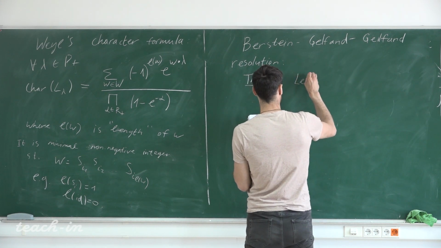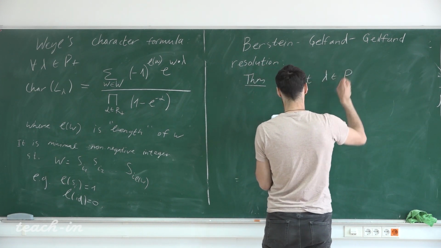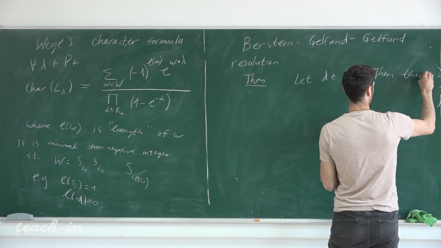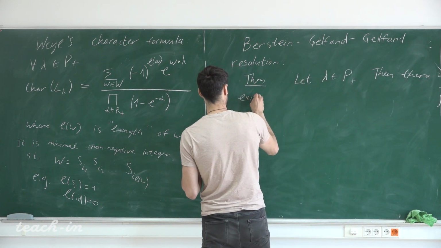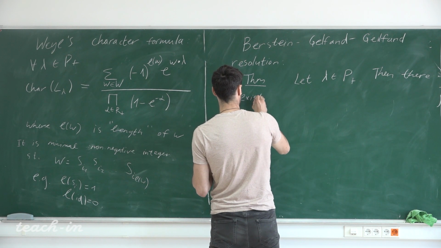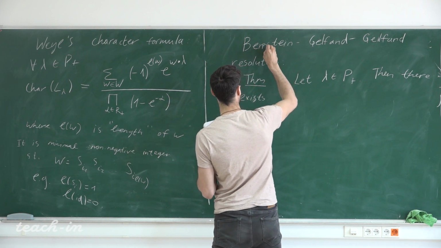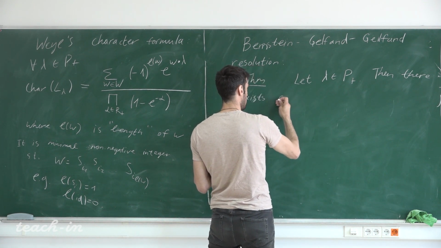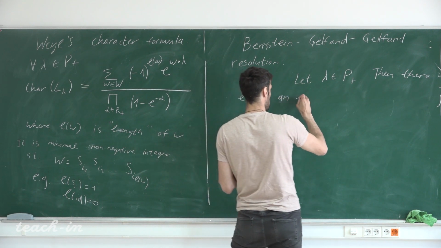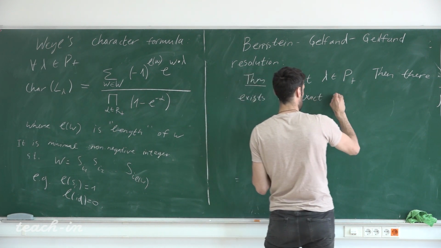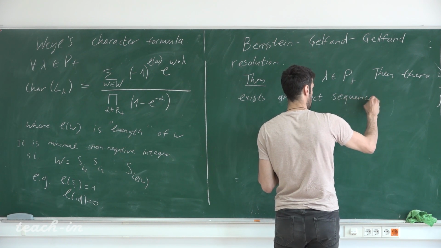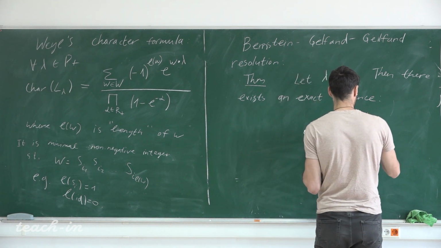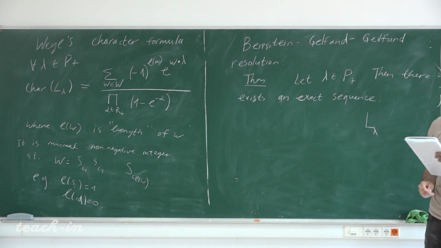Let lambda be in P plus, then there exists a long exact sequence, so we resolve L lambda, the finite dimensional irreducible representation.